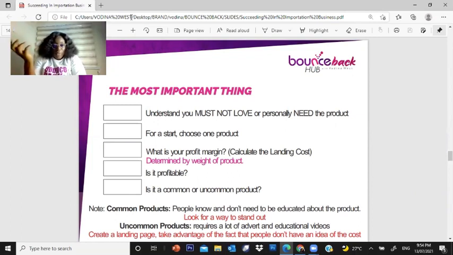Okay, so what I'm saying is, you must not love it. It is not bad to love it, but it's not compulsory that you must do what you are passionate about. And the second point there is, or personally need.